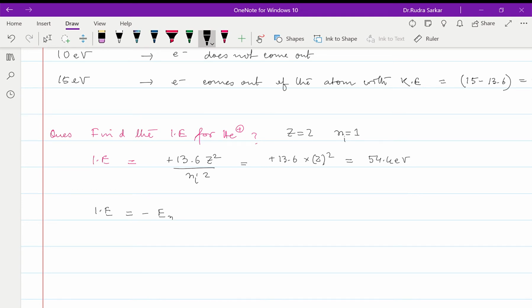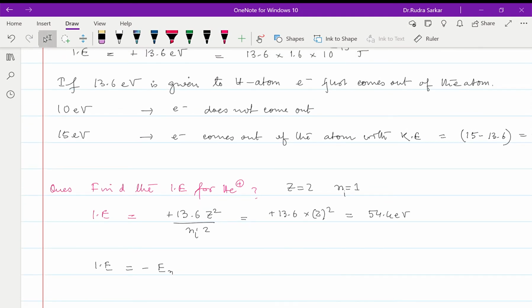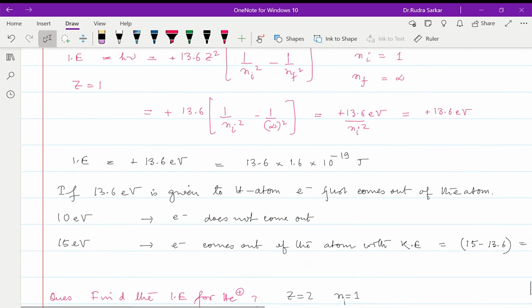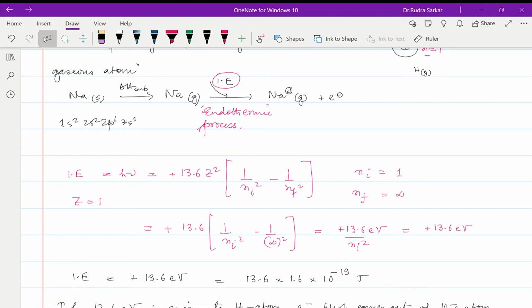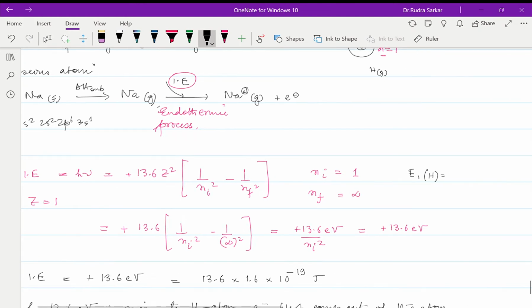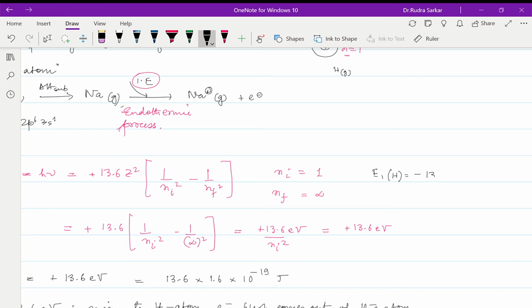Because if I said find out the energy for level 1, that is E1 for hydrogen, you will say, sir, the value is minus 13.6 eV, right? And here, the value for ground state ionization energy is plus 13.6. So from here only you can understand.